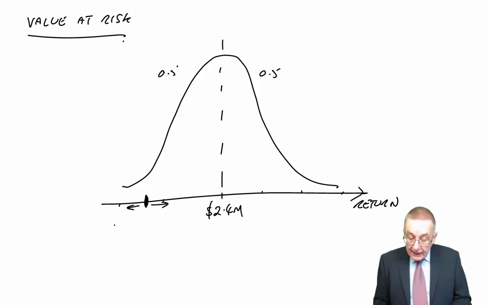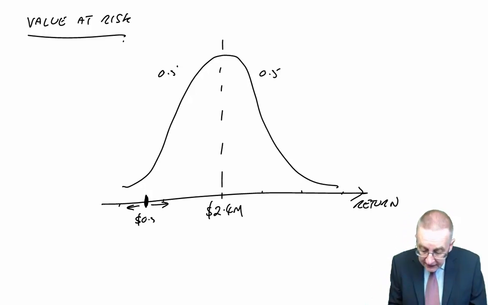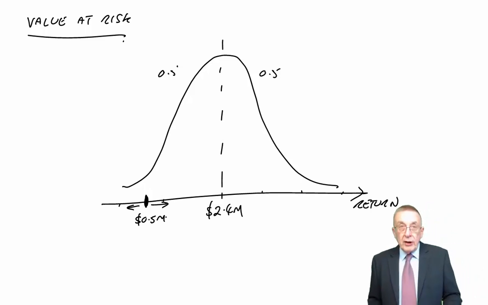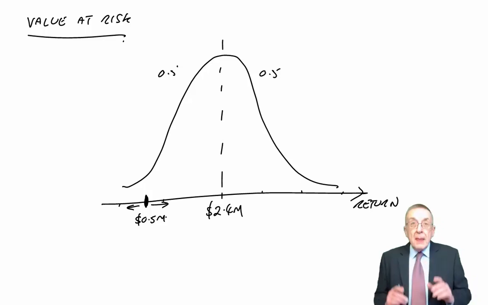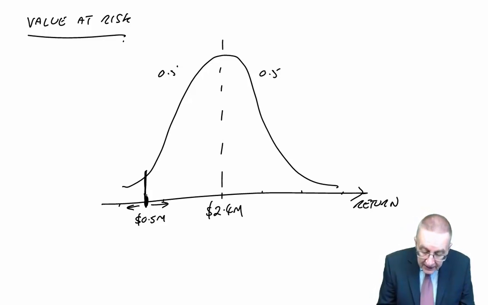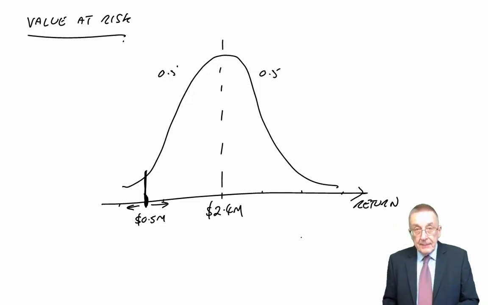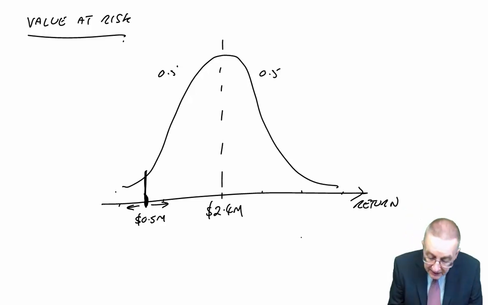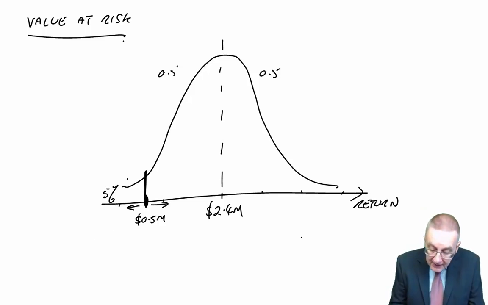Now, we're going to calculate what that limit is, but just suppose, and I'm making up a figure, suppose it was 500,000. We've already said the actual return could be anything, higher or lower, but we want to fix that limit such that the chance of it being higher than that limit is 95%, 0.95, and there's only a 5% chance, or 0.05, of it being below 500,000.